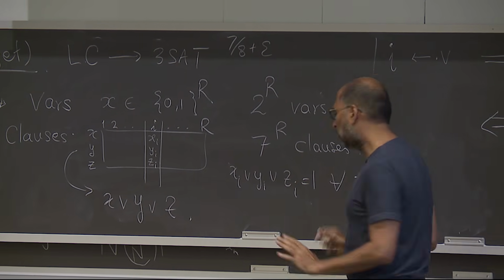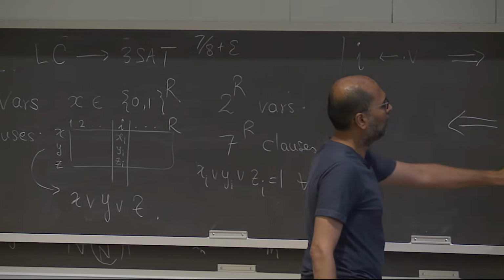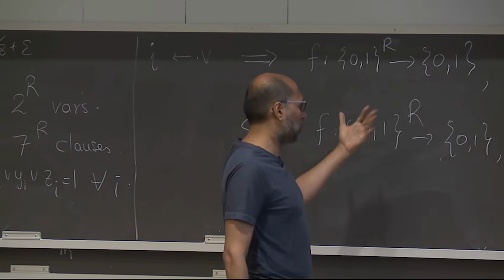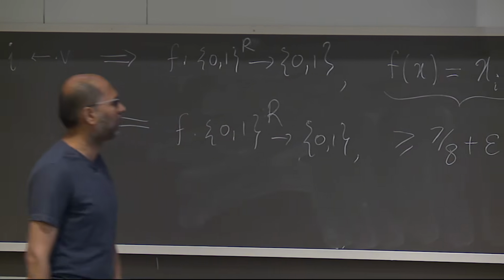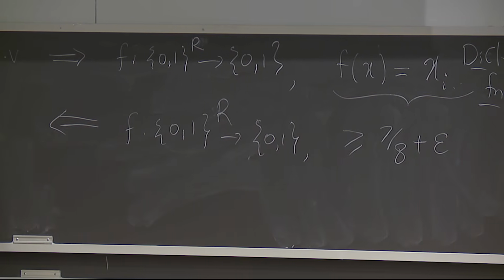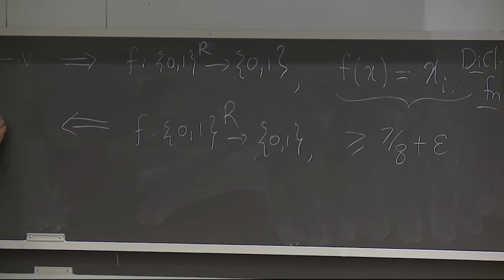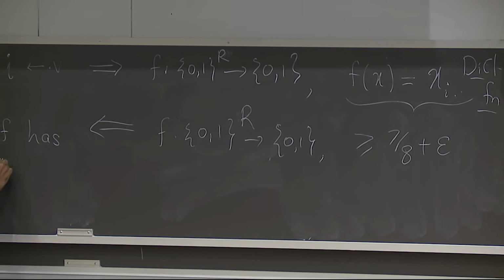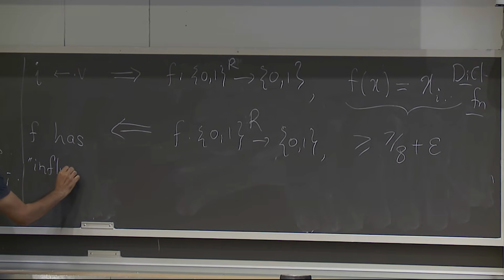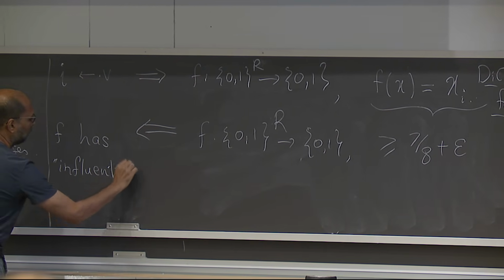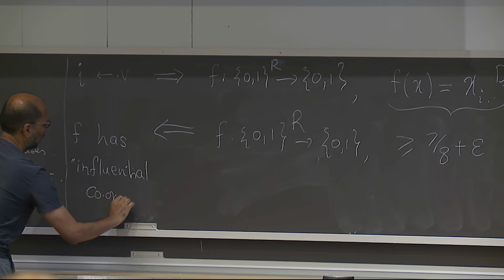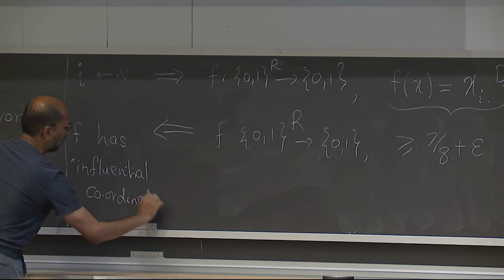So what you can show, roughly speaking, is that any Boolean function f, which is an assignment which satisfies more than 7/8 fraction of the clauses, has what is referred to as an influential coordinate, which is some loosening of the notion of dictator.